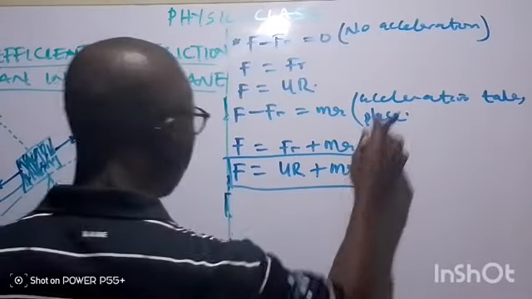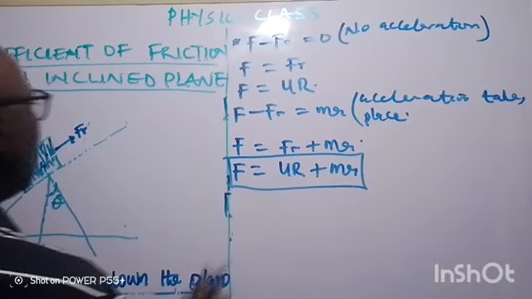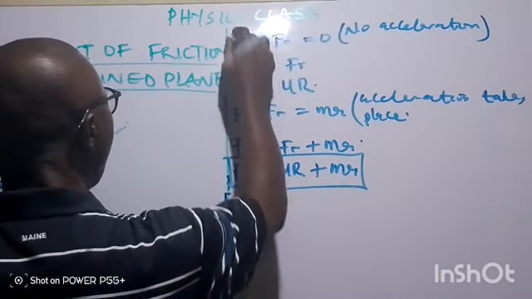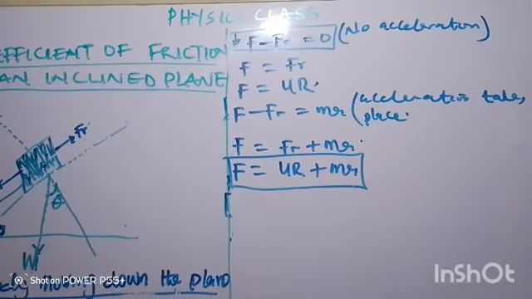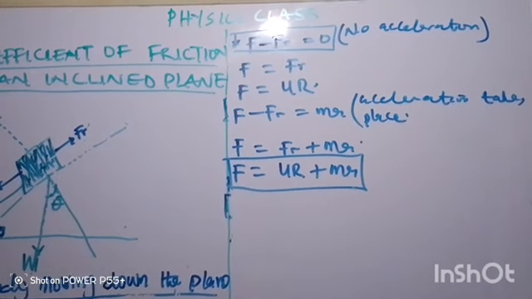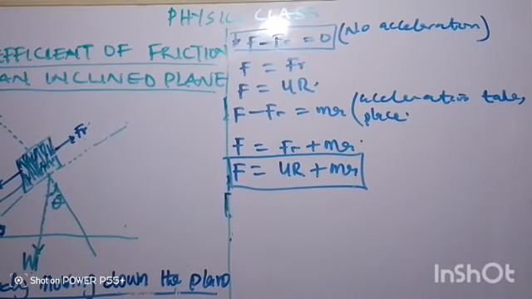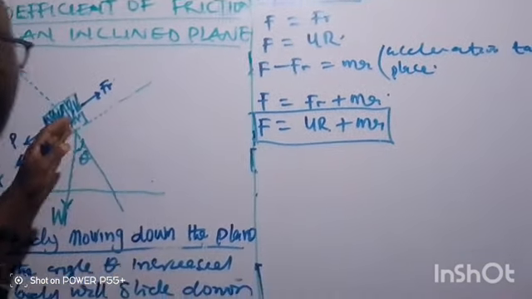If there is acceleration, we are going to have this one. If there is no acceleration, we are going to have it like this or like this. So these are the possible equations we can have in this body that is placed on an inclined plane.